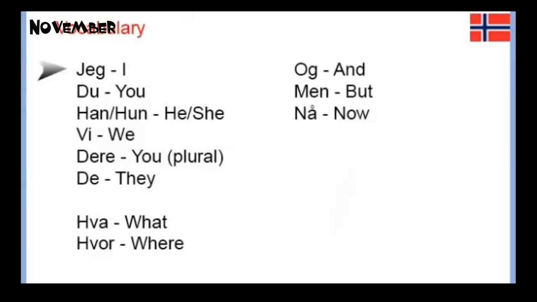So before we have some simple phrases in the end, let's just go through some very basic vocabulary. I will speak slowly so you can repeat after me if you so wish.